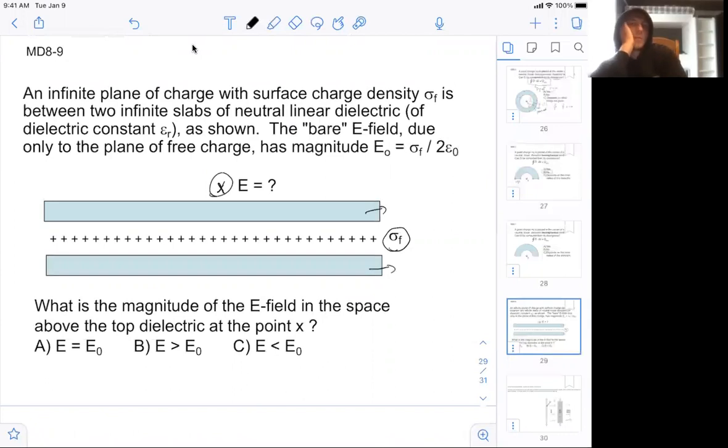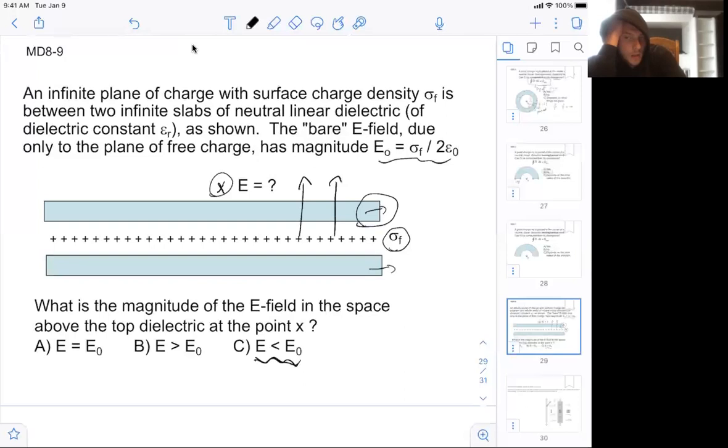And what is the E field? One might argue, could it be something smaller than the E naught? Didn't you tell us that the dielectric material induces an E field that partially cancels out the outside field? So if this is not here, you're going to have this E field, but this being here is going to reduce your E field.